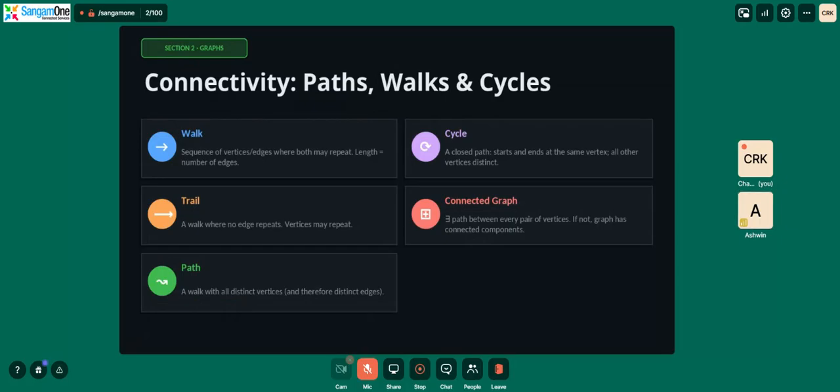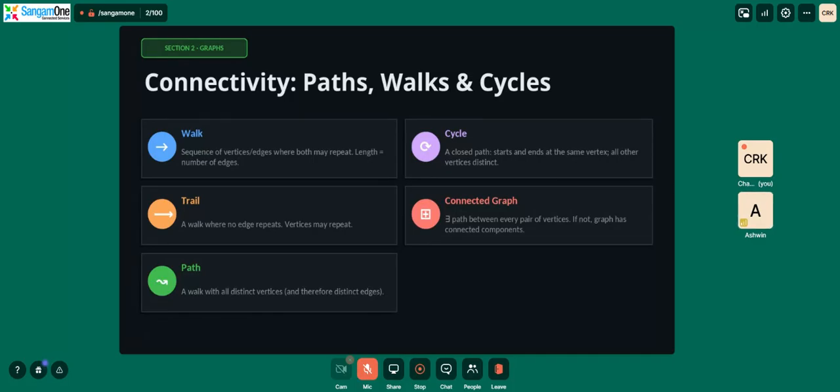Next, moving on to connectivity, there are properties like walk, cycle, trail, connected graph, and path. A walk is a sequence of vertices and edges where both may repeat; its length equals the number of edges. A trail is a walk where no edge repeats, though vertices may repeat.